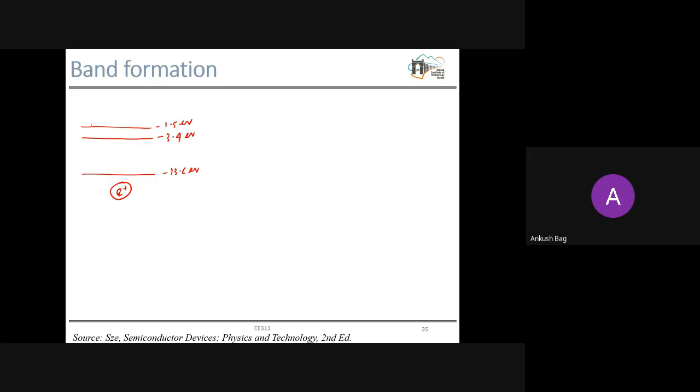Now above this, the starting energy level will be E equals 0, because once again, these are all bounded electrons. The electrons in these discrete energy levels are bounded to the nucleus or proton, and that is why this energy is negative.